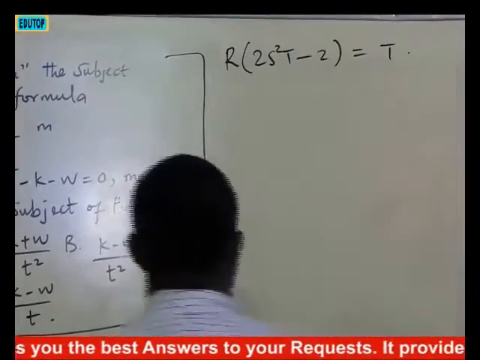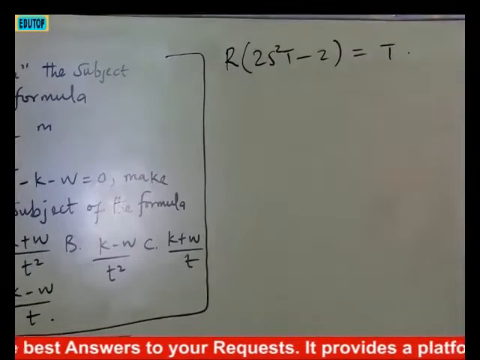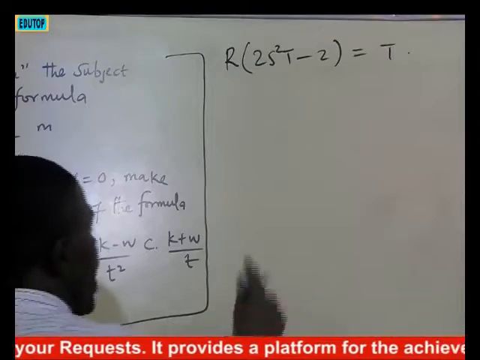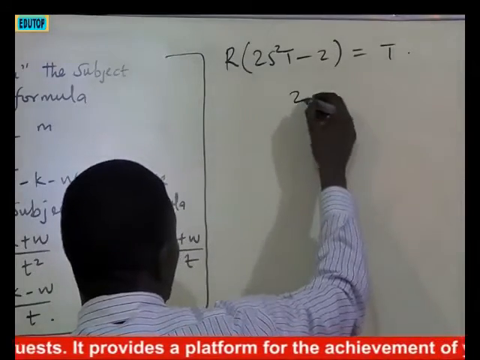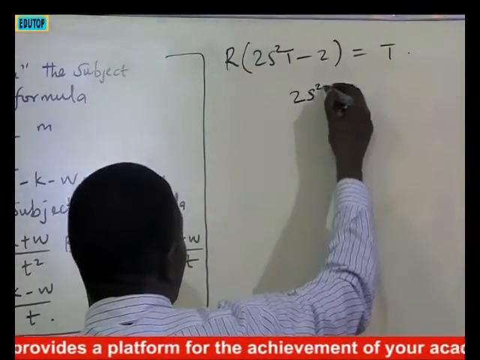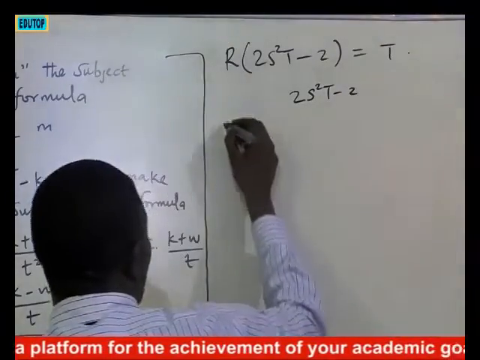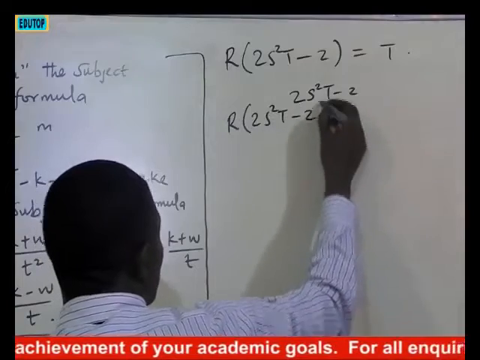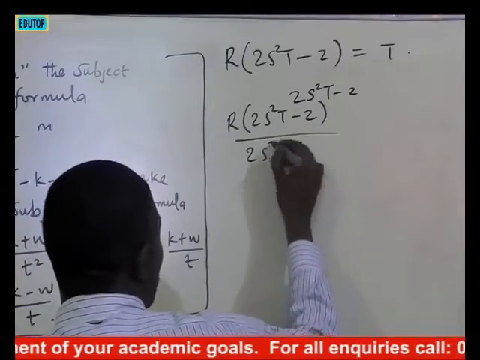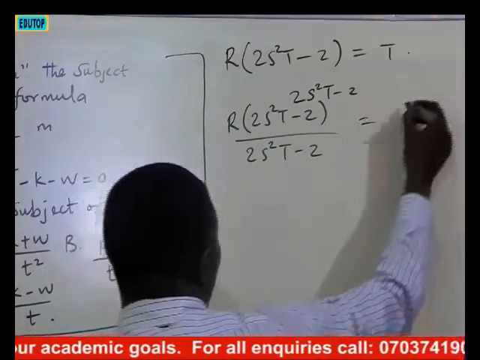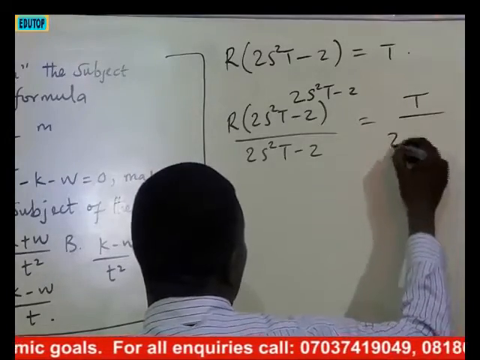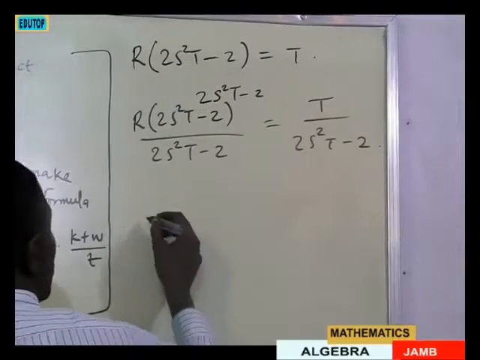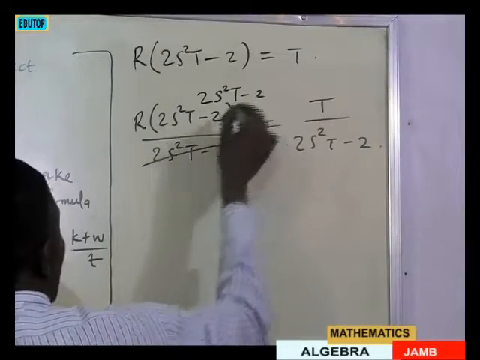Then, since our interest is to make R the subject of the formula, we divide both sides by 2S squared T minus 2. So R into (2S squared T minus 2) multiplied by 1 over (2S squared T minus 2) equals T over (2S squared T minus 2). This one can cancel this.